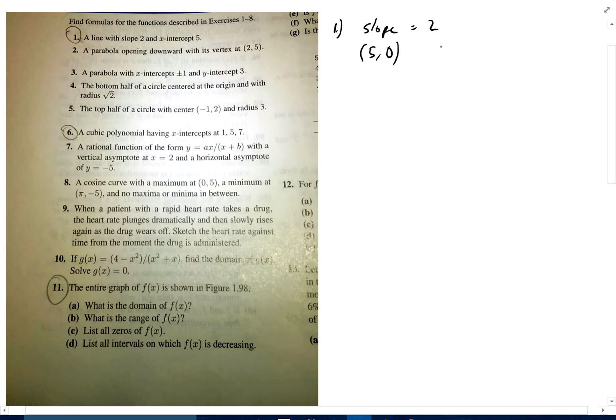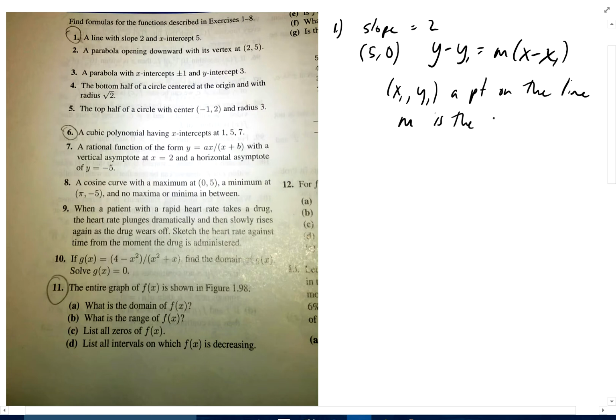The general formula for writing the equation of a line is y minus y1 equals m times x minus x1, where x1, y1 is a point on the line and m is the slope. Since I know a point on the line and I know the slope, I can just substitute it in and I get y minus 0 equals 2 times x minus 5.